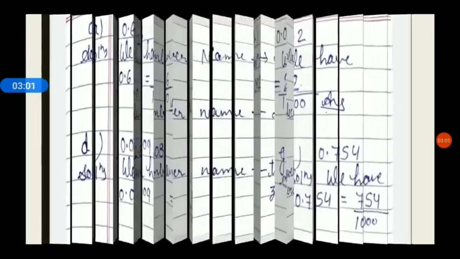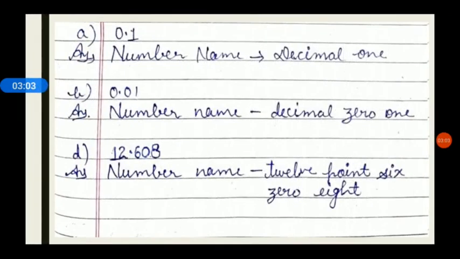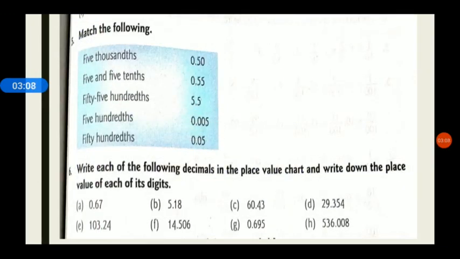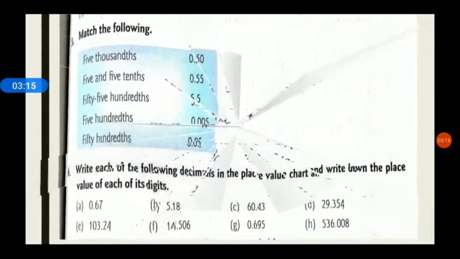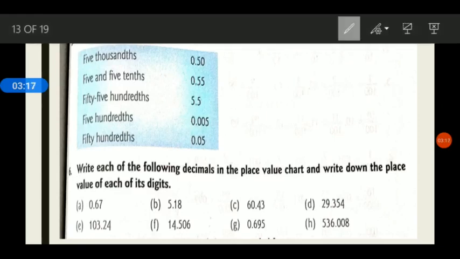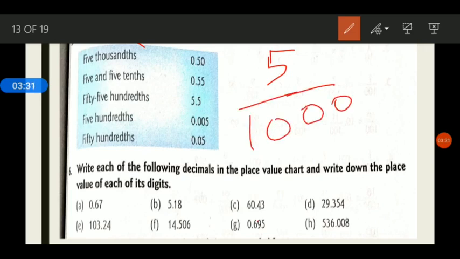Next is question number 5. Match the following. See question number 5. Match the following, 5 thousandths. You have to match. Now 5 thousandths means, you know that if thousandths is given, we have to write 1000 in the denominator. So 5 thousandths means 5 upon 1000.